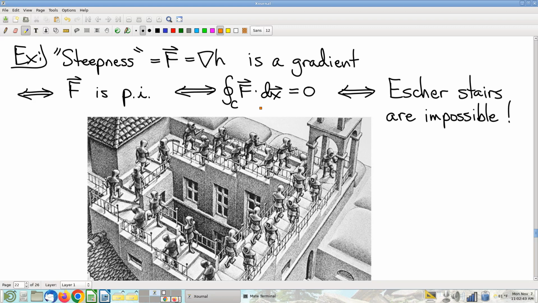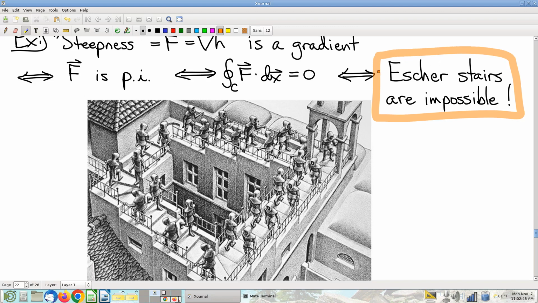So, I like to think of this as a mathematical representation of the obvious point, what I'm going to call here Escher stairs. This is a famous old drawing from a long time ago. I don't remember exactly, but M.C. Escher painted a lot of optical illusions in his art, and this one makes it look like these people are walking up the stairs, and then they turn right, and they keep walking up the stairs, and then they turn right again, still walking up the stairs, and then here they go, and they're still going up, and yet somehow came right back to where they had been.